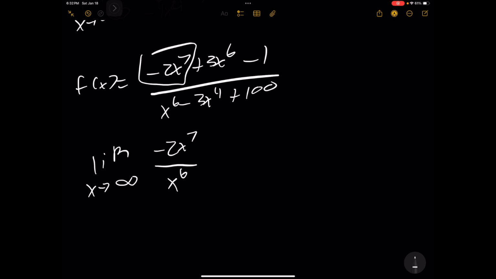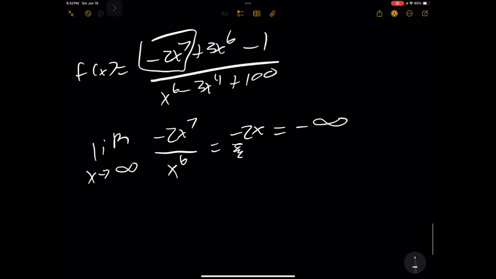And this can be simplified to negative 2x. So as x goes towards infinity, we are getting a really big number multiplied by a negative sign. So we get negative infinity.